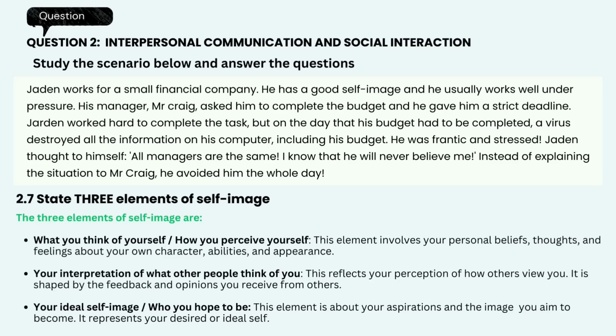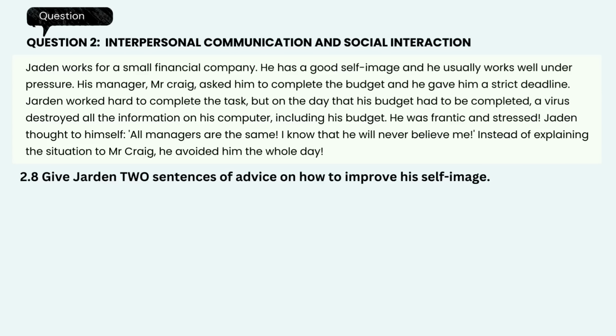This reflects your perception of how others view you. It is shaped by the feedback and opinions you receive from others. 3. Your ideal self-image, who you hope to be. This element is about your aspirations and the image you aim to become. It represents your desired or ideal self.